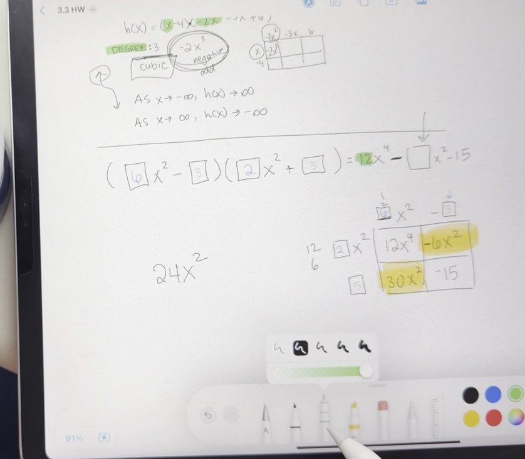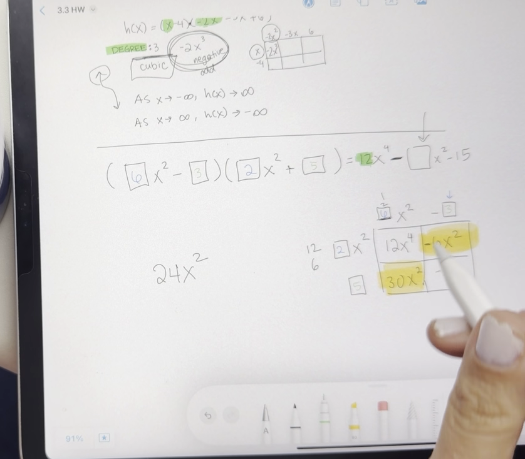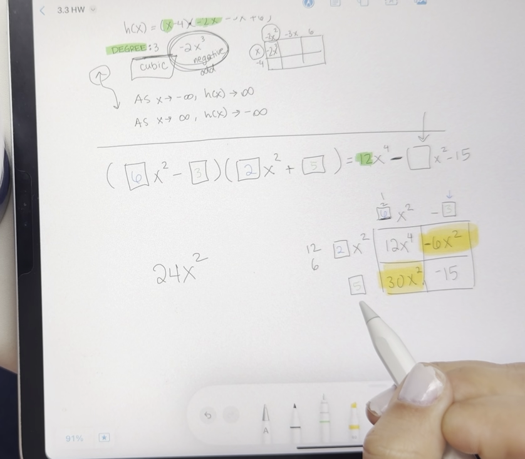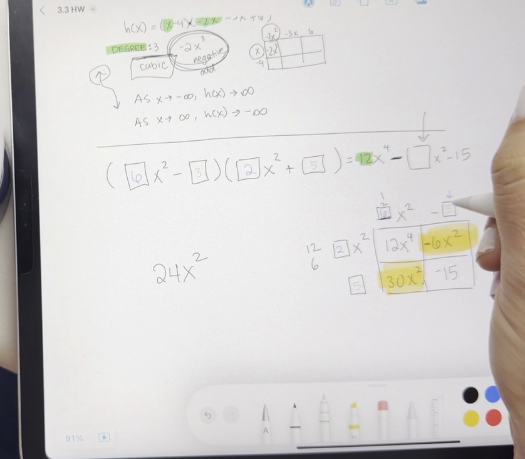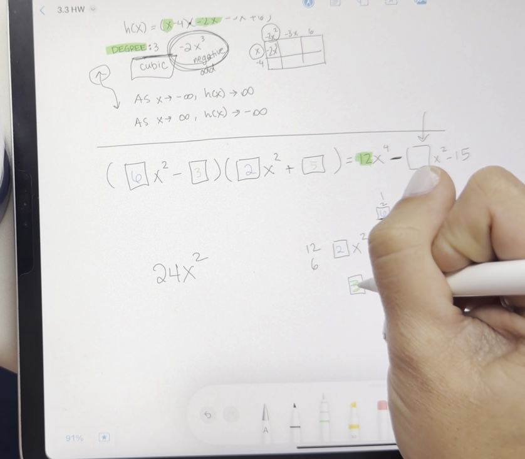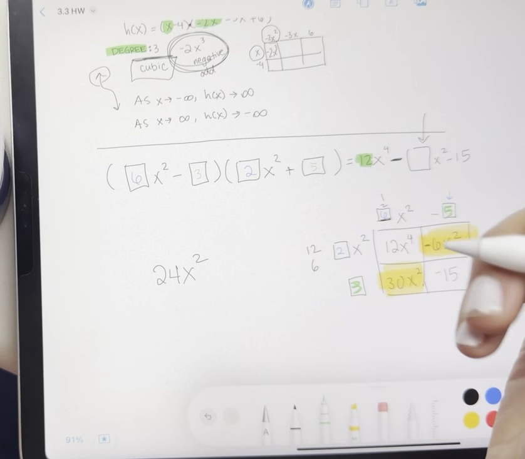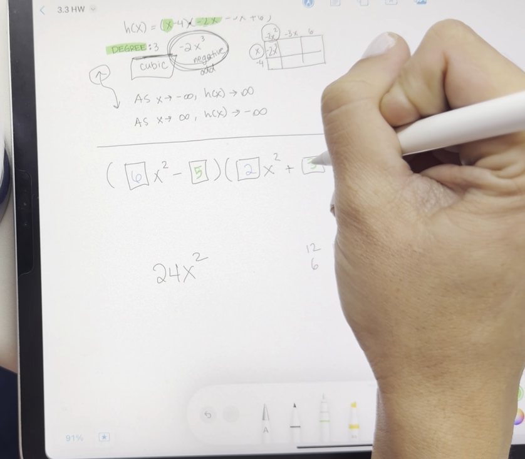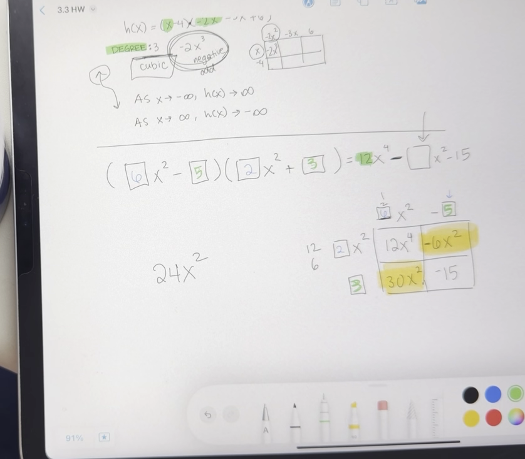So 3 times 5 is 15 no matter what, right? I just made the 3 negative and the 5 positive and it didn't work out. Let's switch it. Let's make the 5 negative and the 3 positive. That would still get me the negative 15, okay?